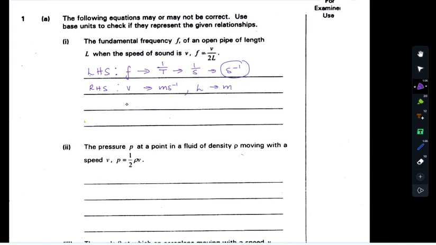From those two we are dividing v over L. V over L gives us m s to the negative 1 divided by m, and this simplifies to s to the power minus 1, because these two cancel out. So now looking at those two, we can say that the left hand side unit is equal to the right hand side unit. What does this imply? It implies that this relationship is possible.